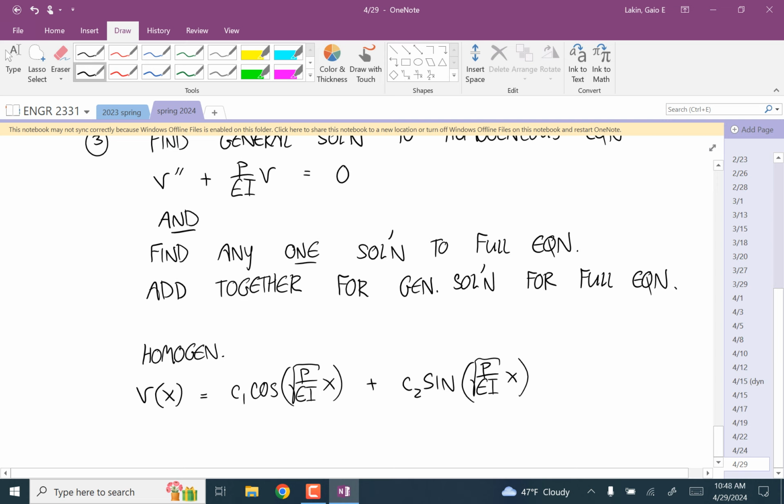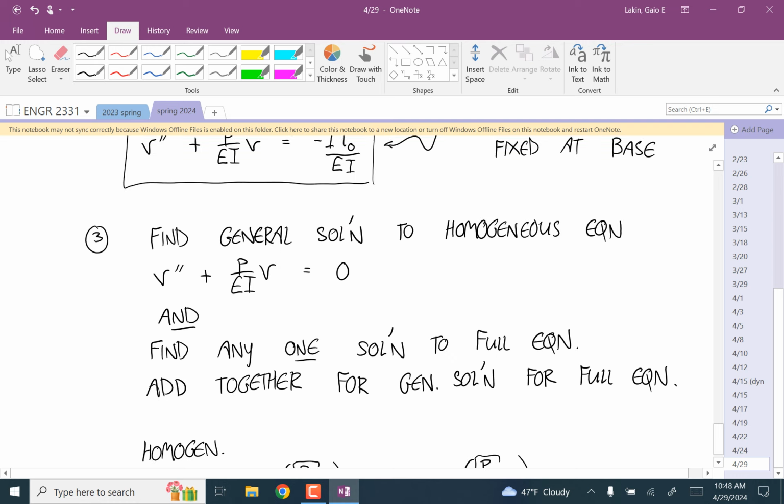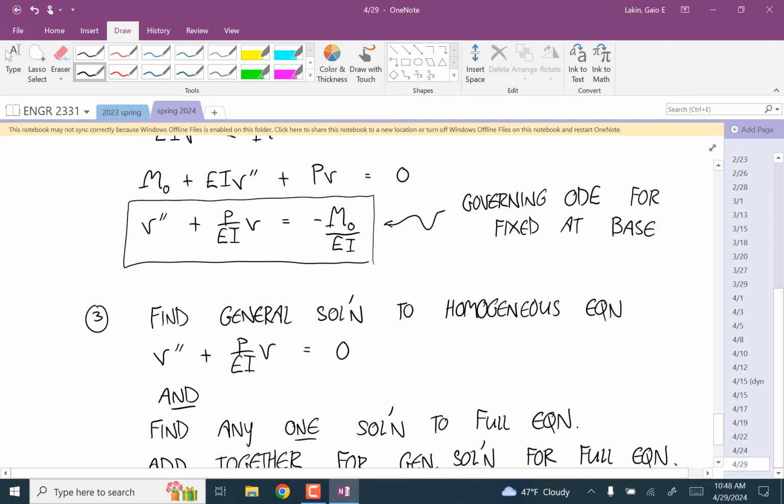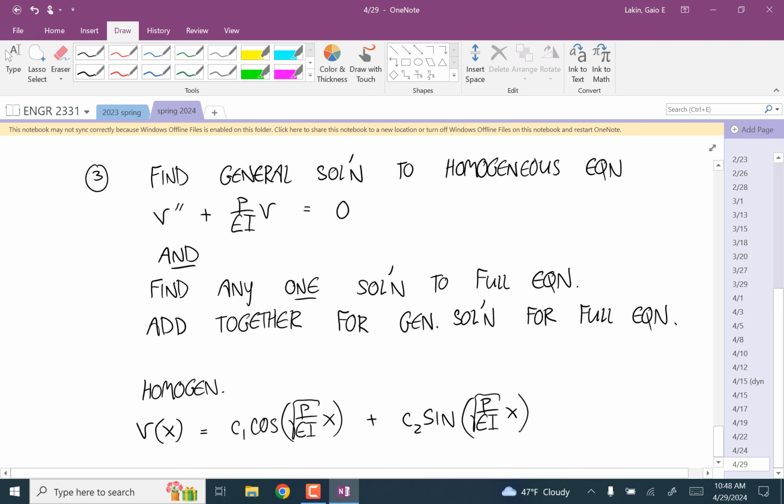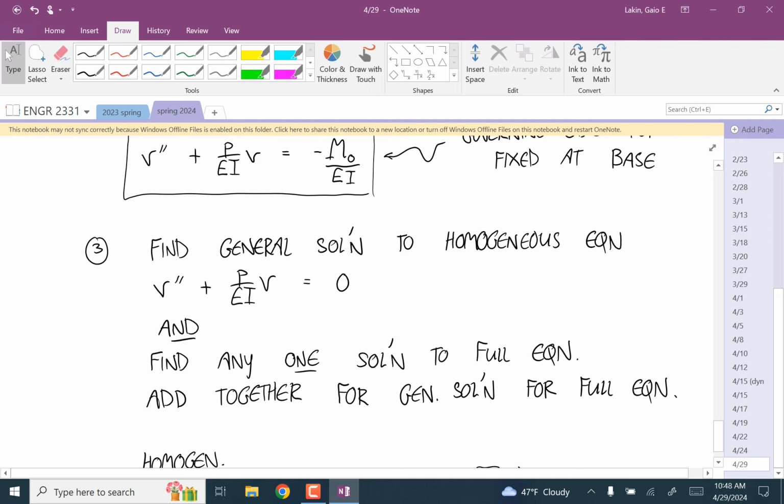And that gives you every possible solution to that homogeneous differential equation. It doesn't give you any solutions to the full equation, because if you took the second derivative of this and added it to P over EI times v, it would give you 0. It wouldn't give you negative M sub 0 over EI.